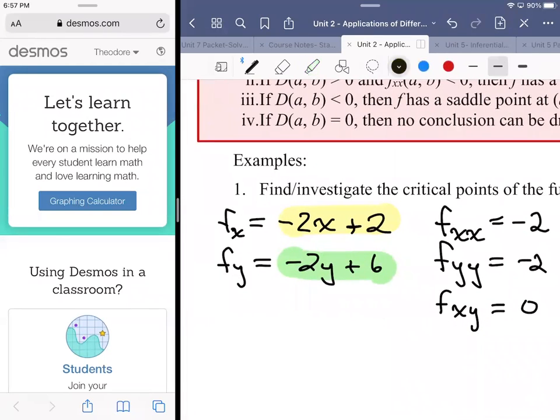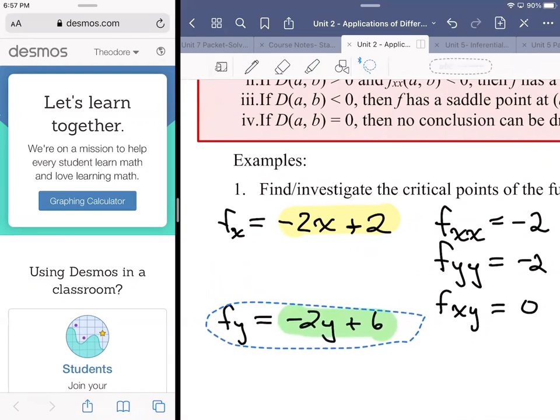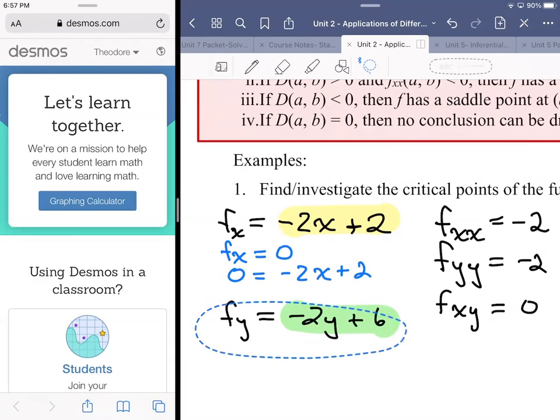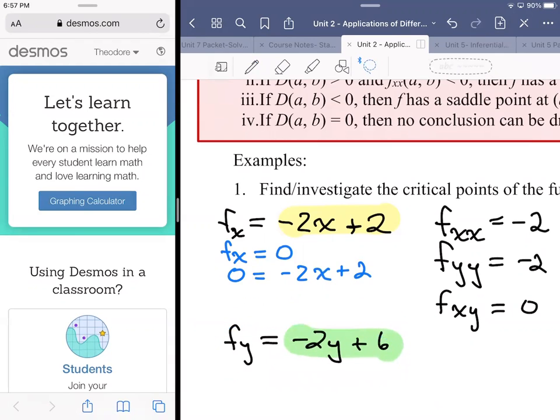So you'd have to make sure that you have the right critical values. And we get that by setting our first order partial with respect to x equal to 0. So that would be the same as saying 0 equals negative 2x plus 2. Solve for x. So x would be equal to 1.